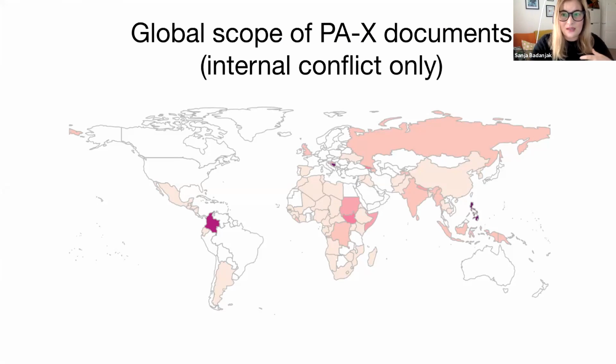So Colombia and the Philippines, as you can see in this map, are dealing with difficult conflicts, and they are producing probably the most agreements alongside Bosnia and Herzegovina in our collection. But this is not an indicator of the intensity of conflict. The agreements are collected from, as I said, anywhere in the world where conflict and peace negotiations are ongoing.